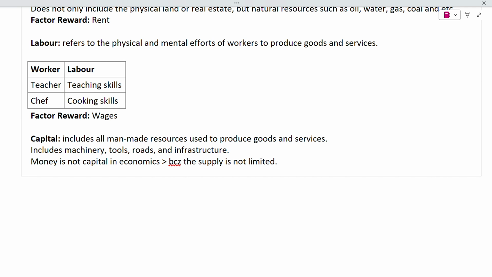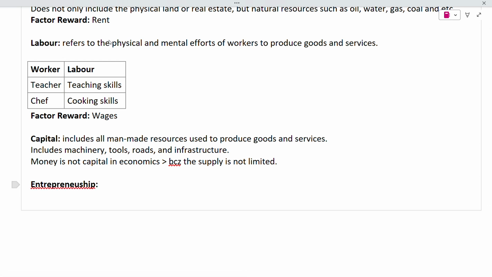Virtually it seems that the money supply is limited, but it is in the government's hands to increase the supply of money at any given point in time, and therefore we do not classify money as capital in economics.